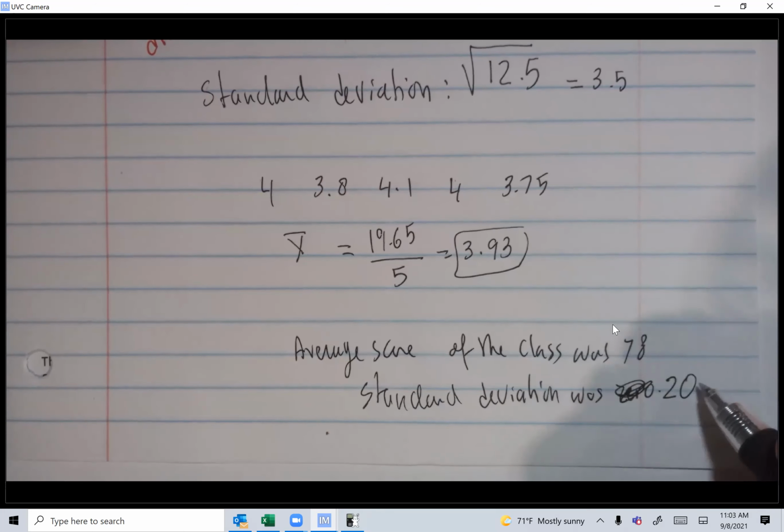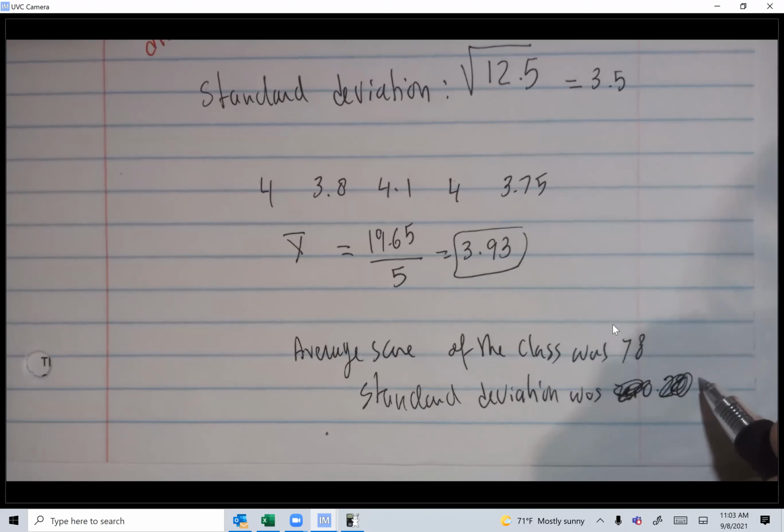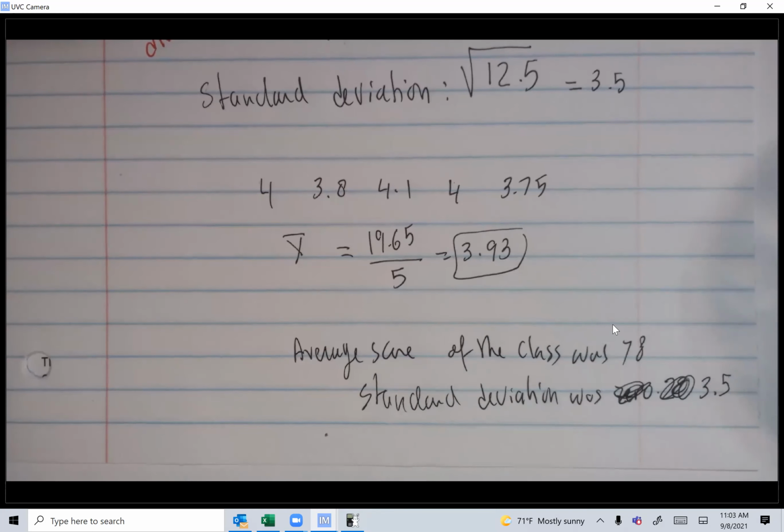Now let's change this one and make it 3.5. If I say the standard deviation, guys, was 3.5, that means most students scored close to 78, give or take, plus or minus. So the average of the class is passing. Most students did very close to this passing average.